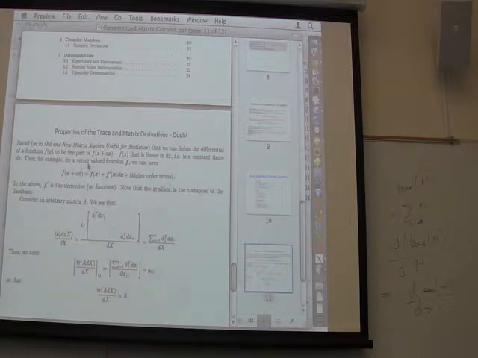Now, why is it that the trace comes here? is the question. First of all, what is it even saying? It's saying that U is some matrix, a 2 by 2 matrix, not a vector.